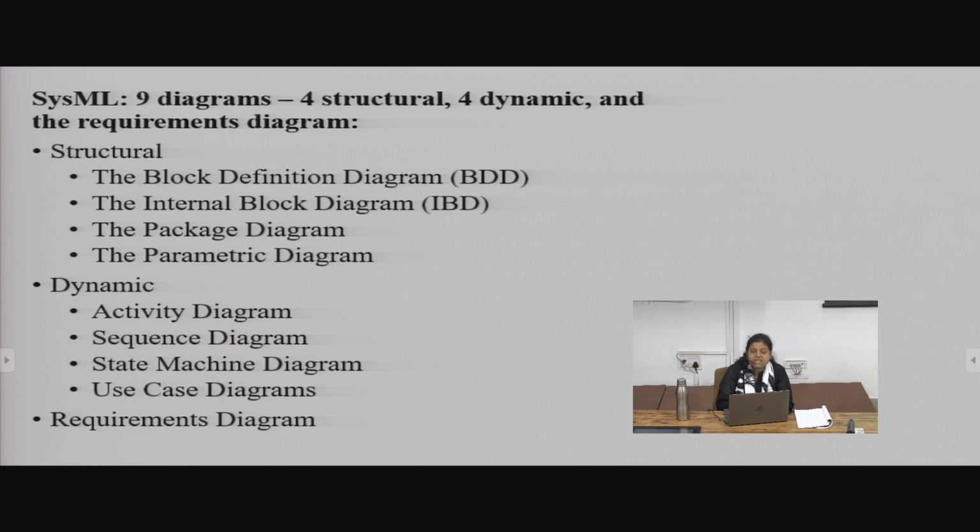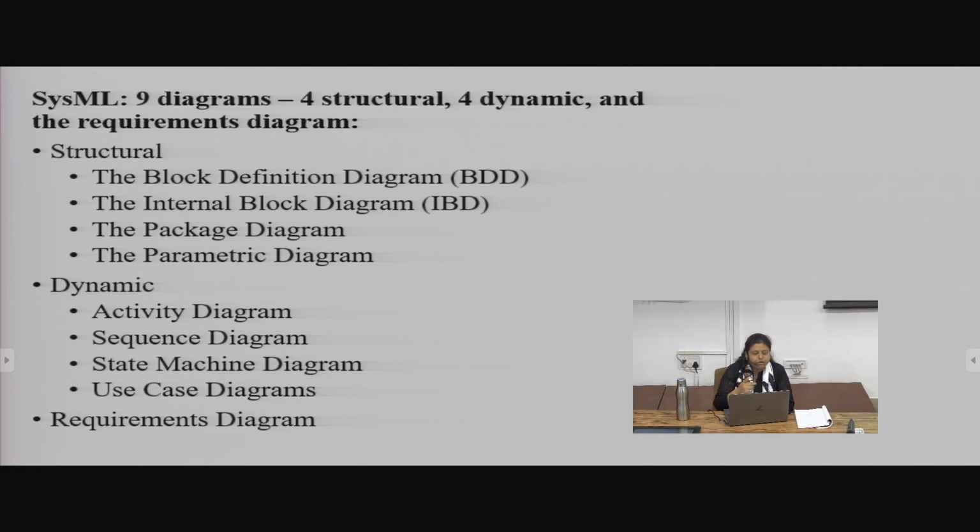If you see the four types of structural diagrams: the block definition diagram, internal block diagram, package diagram, and parametric diagram. These four types of diagrams are used to define the structural requirements of a system.